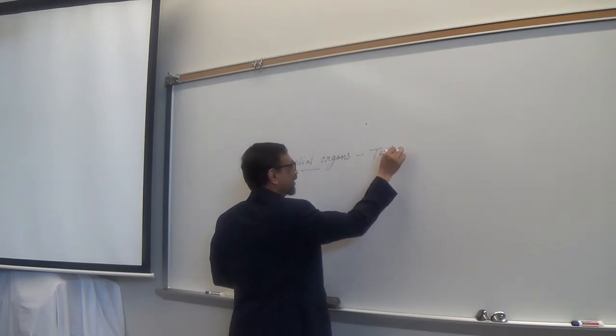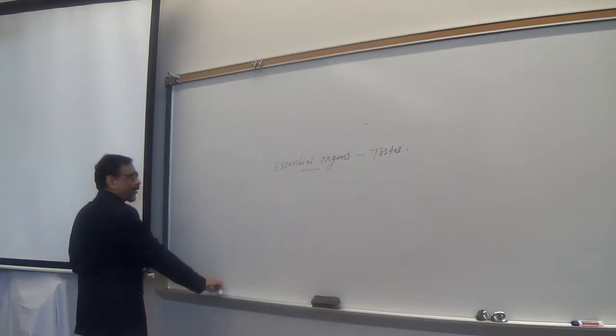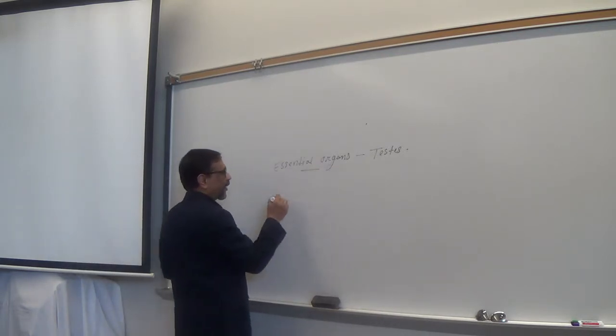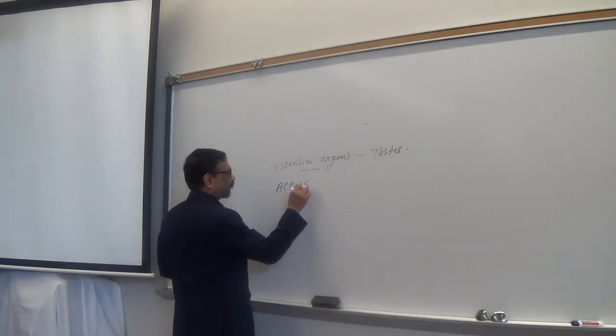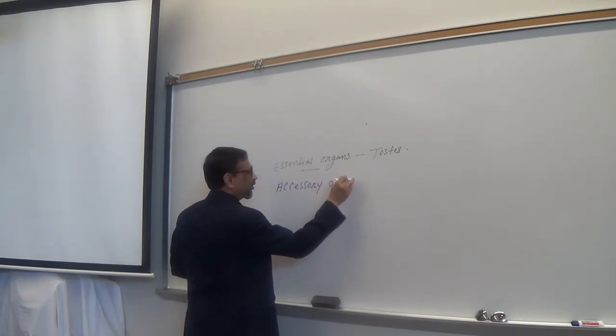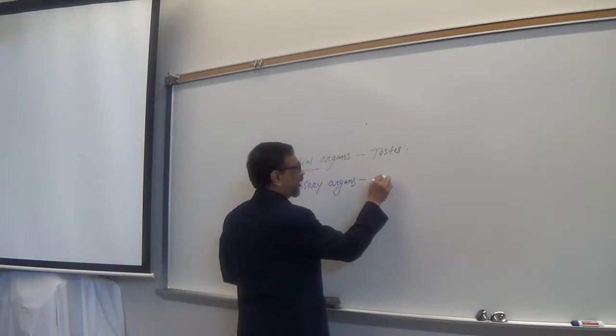So testes are the male essential or primary reproductive organs, and accessory organs or structures include external genitalia.